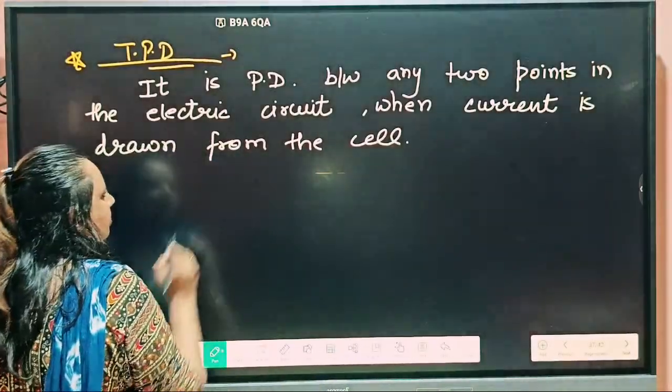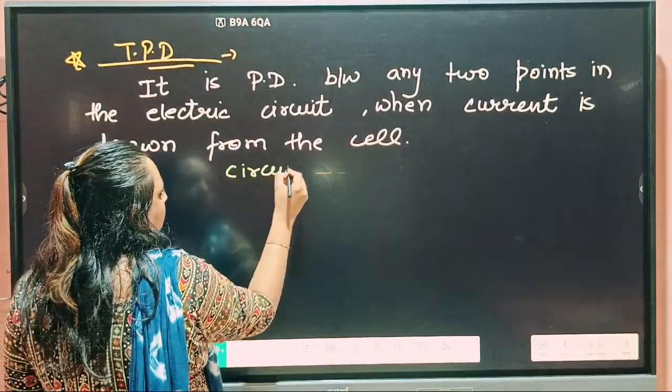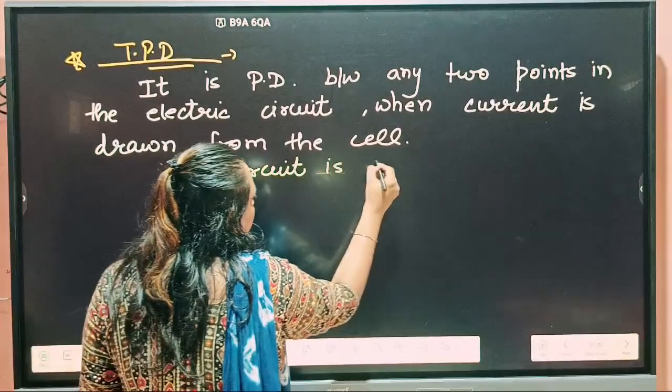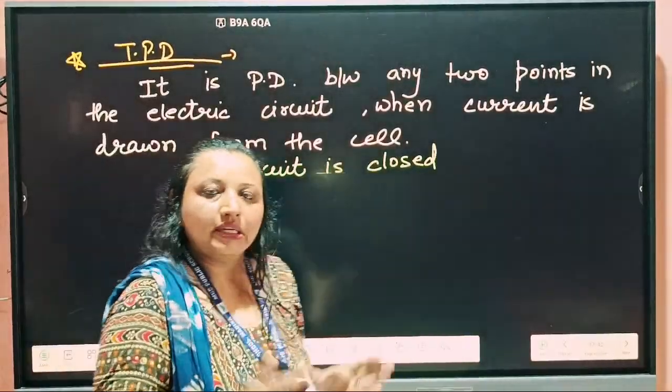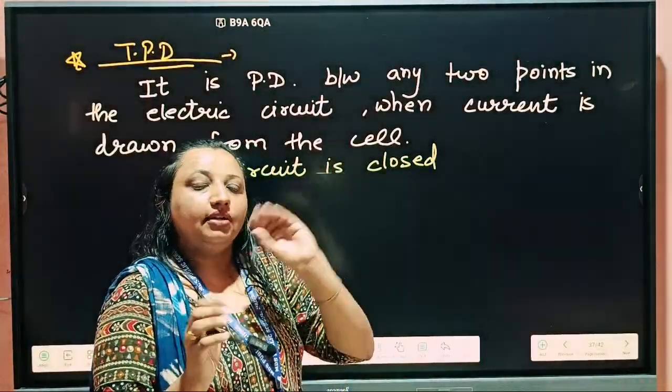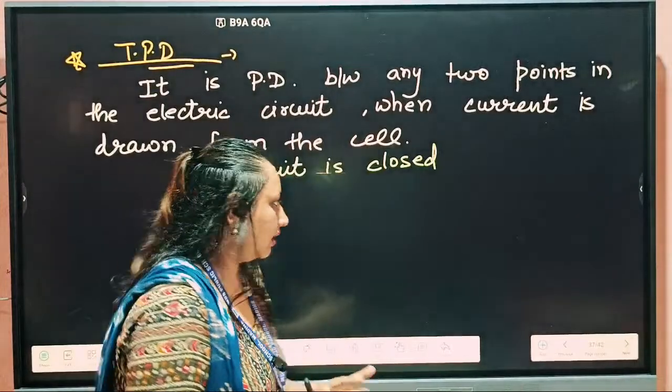That means circuit is closed. Key is closed, circuit is closed, current starts flowing, so its value decreases naturally.